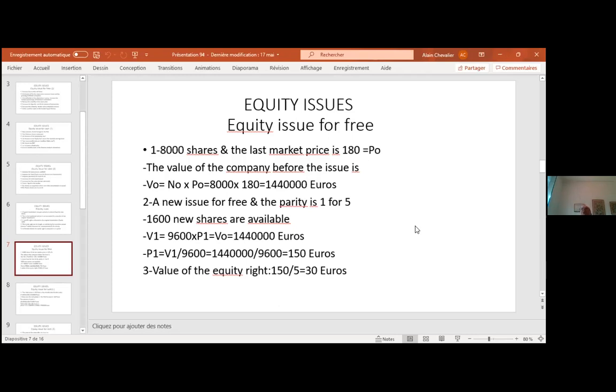Is it good policy to decrease the price of a share? We come back to what we already said. If you want to diversify your shareholder group and to keep small or individual shareholders, you should be careful not to reach a very high level for the price of a share.